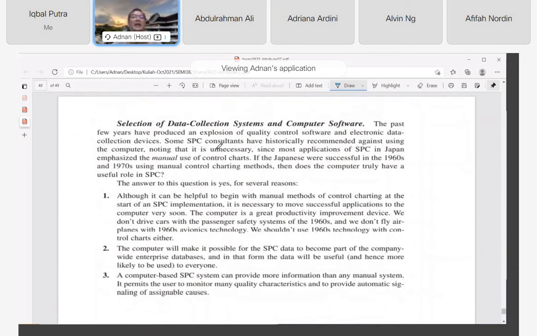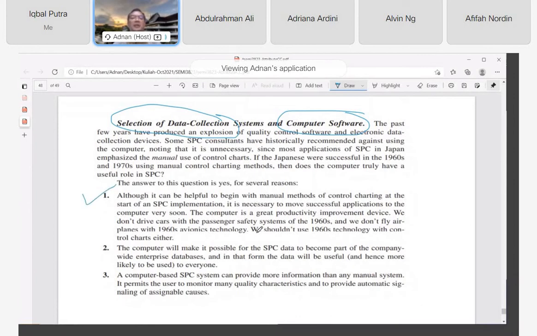These are some guides on how to select a data collection system or computer software. Of course, SPC traditionally used manual methods, especially in Japan, so that the workers could really appreciate and understand the process information demonstrated by the SPC charting.